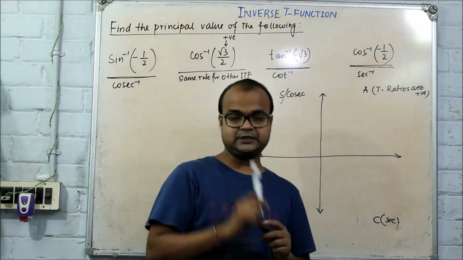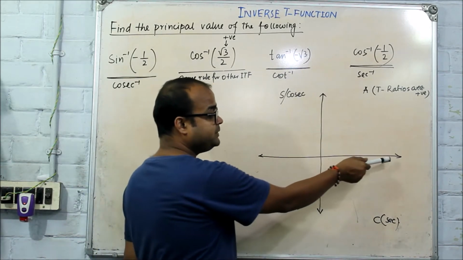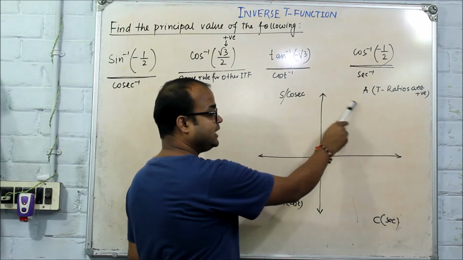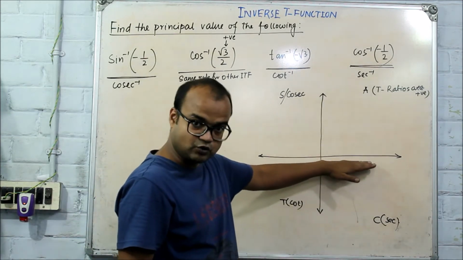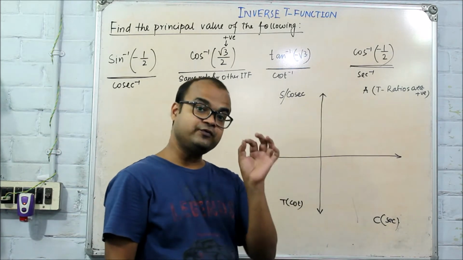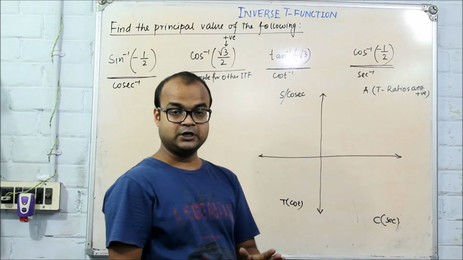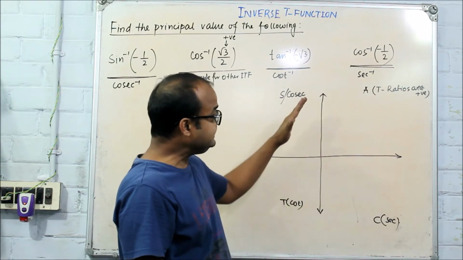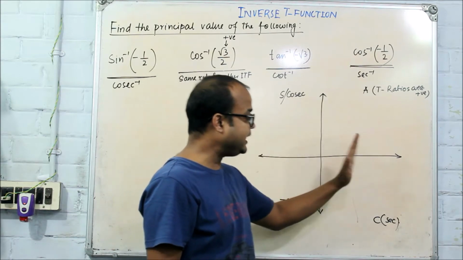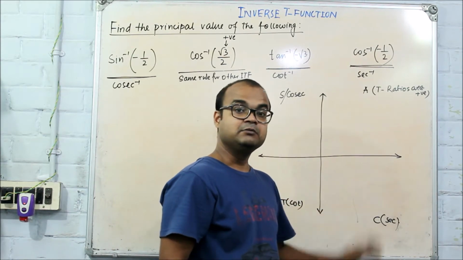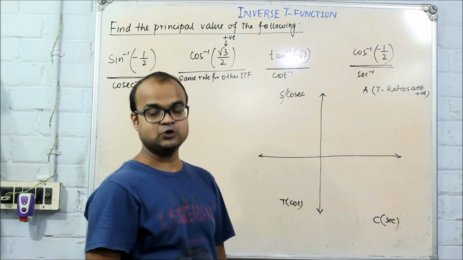Now one thing you need to remember: whatever be the magnitude of any trigonometric function in the first quadrant, the function will take the same value in the second, third and fourth quadrant, but its sign will change as per the quadrant.